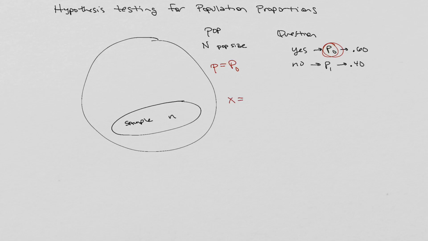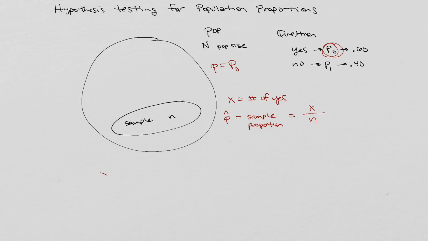If x equals the number of yeses that we get in this sample, then P hat, the proportion we get from the sample, also known as the sample proportion, is just that number x divided by my sample size.